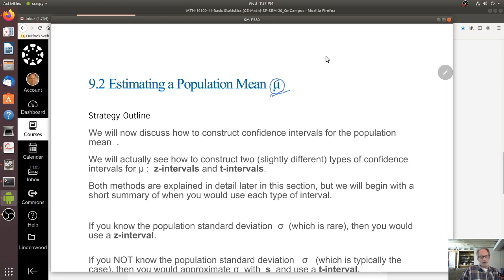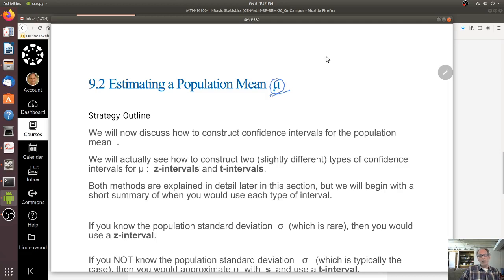And we're going to use that average from our sample as an estimate of the average for the population. Then we're going to construct some interval around that where we're a certain percentage confident that the mean for the population is somewhere in that interval. So it's the same kind of language.